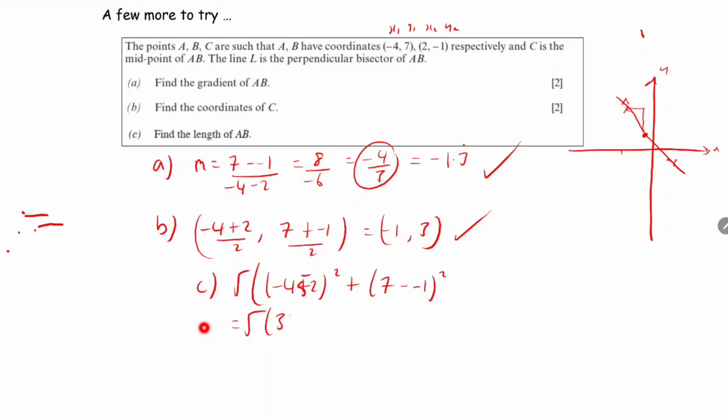Minus 6 squared is 36. Plus 7 minus 1 is 6 squared, which is 36. 36 plus 64 is 100. So it gives us the length of root 100, which is equal to 10.